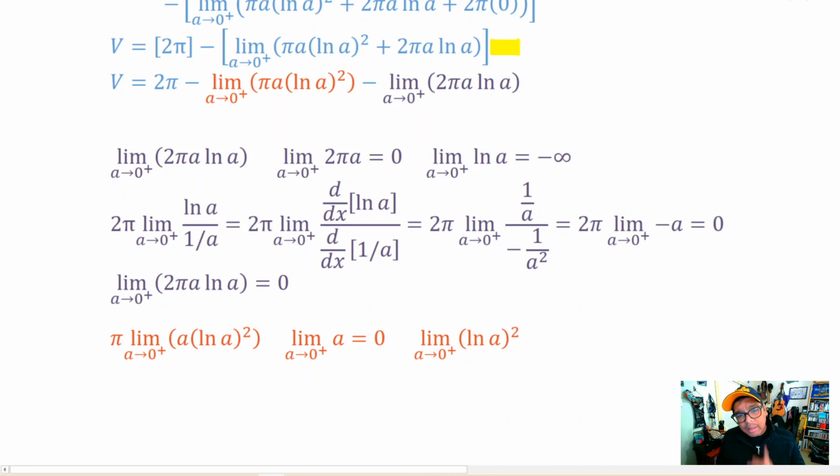But the second one, natural log of a as a goes to 0 from the right side approaches negative infinity. And when you square that, you actually approach positive infinity. So just like before, and I can hear you groaning, this is going to be an indeterminate form. So let's get set up for L'Hopital's rule.